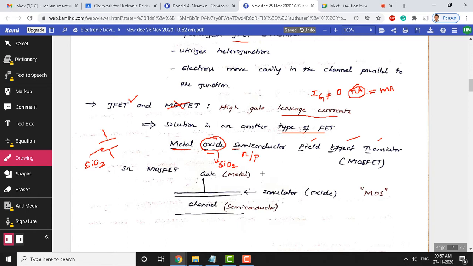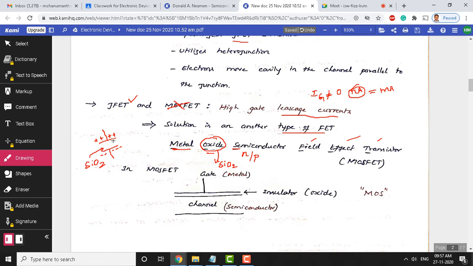If you apply voltage to one of the plates, oppositely charges get induced on the other. Suppose you apply positive charges to the upper plate, naturally negative charges get induced here. This is called induction. Due to the induction, negative charges get induced here, and there is a strong insulator between the two plates. All positive charges want to move to the other plate, but there is an insulator, which holds the charge.